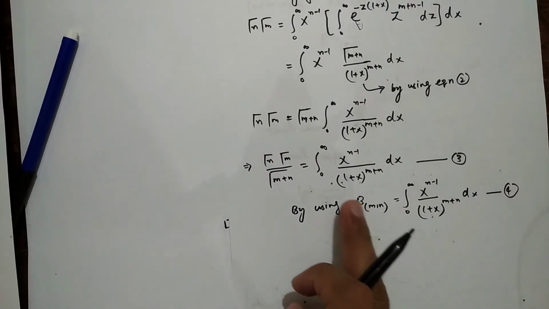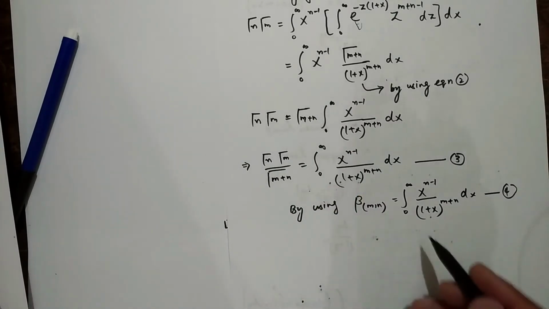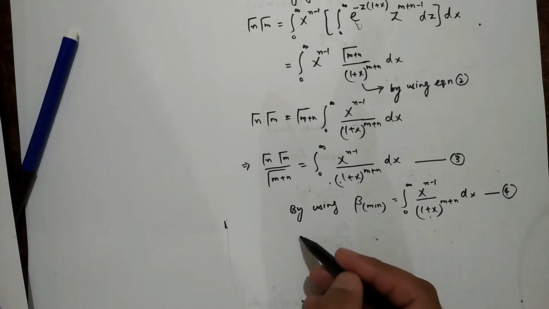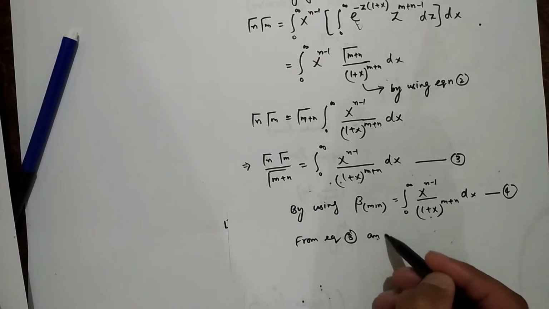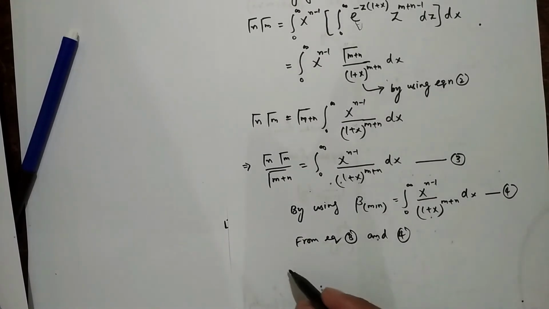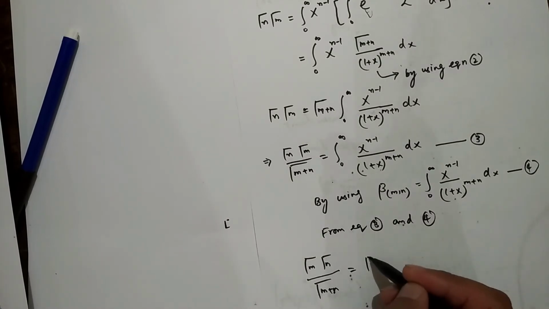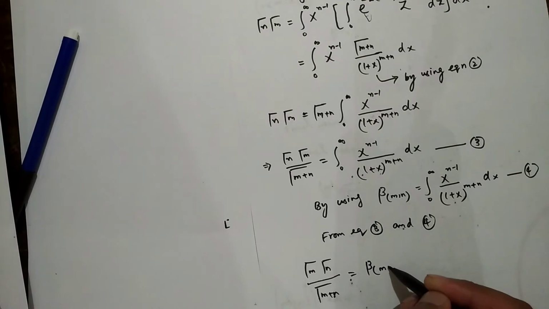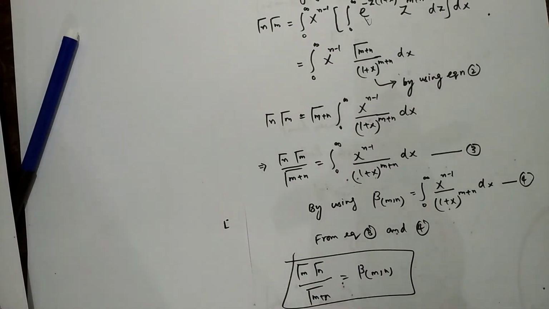So we can replace this integral by beta mn. So from equation number 3 and 4, we have proved that gamma m gamma n upon gamma m plus n is equal to beta m n. So this is the relation between gamma and beta function.